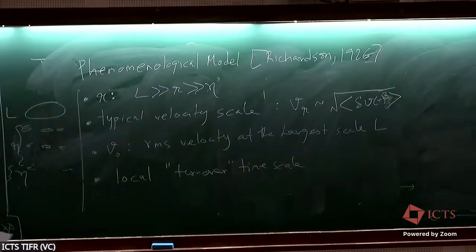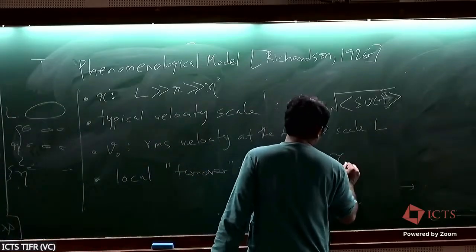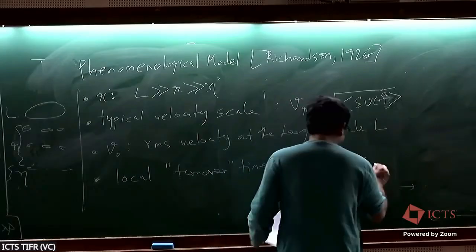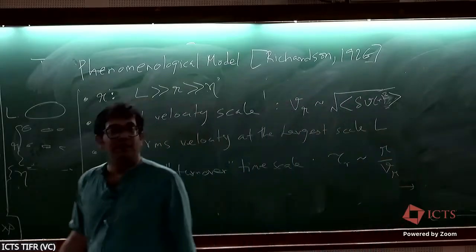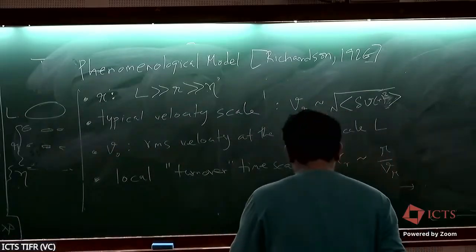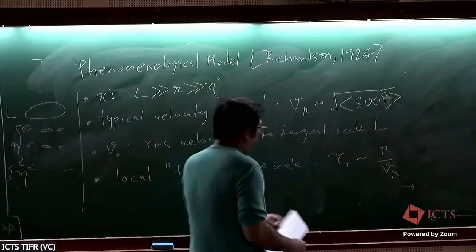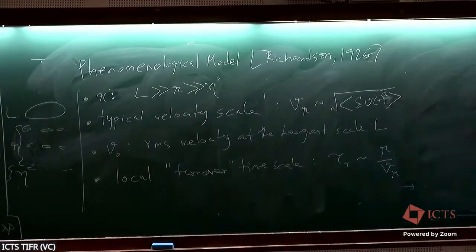And this would merely be the timescale associated with the length scale, just naively this thing. And this would also tell me what Abhishek was asking, the timescale of transfer of kinetic energy from the nth generation to the n+1th generation.